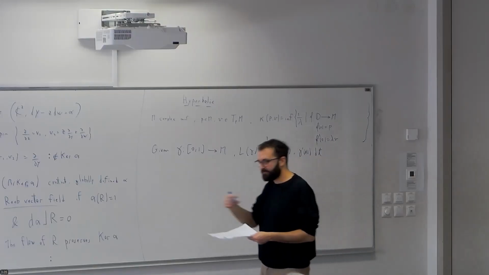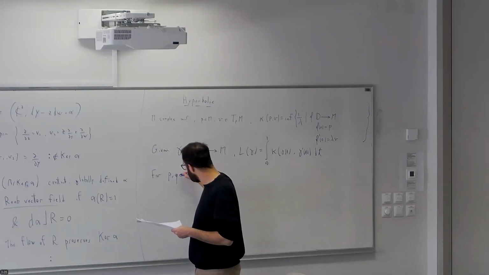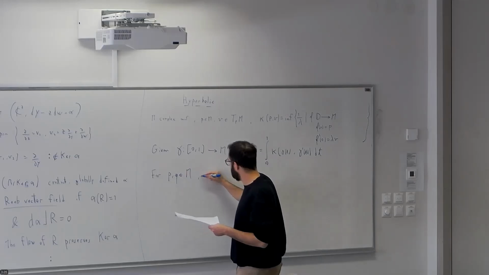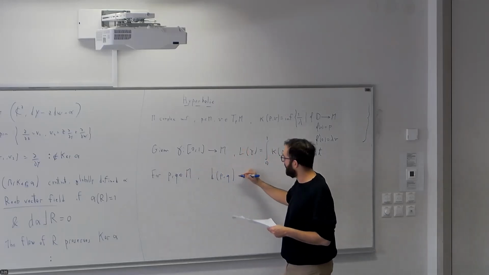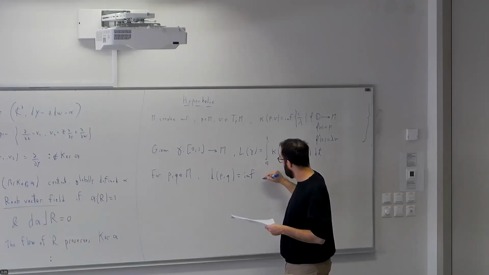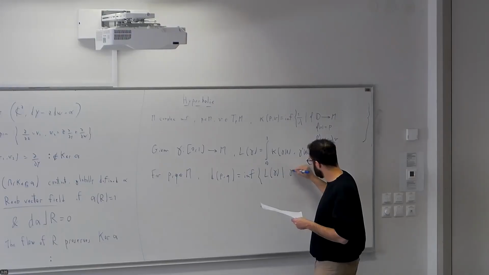So add all the infinitesimal lengths. And again, once you have lengths of curves, you can easily define the distance between 2 points as the infimum over all curves connecting these 2 points.